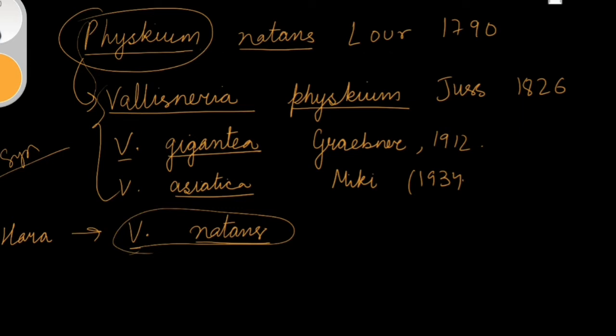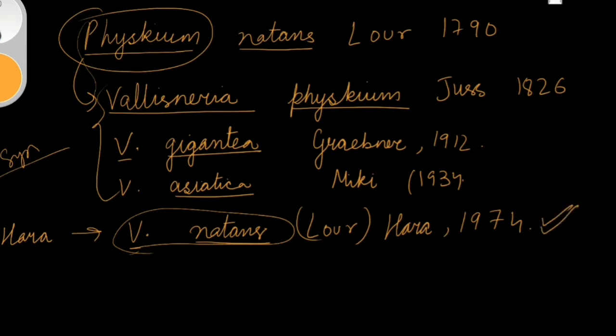Okay, so that is why the author citation can be written as Lour in parenthesis. Okay, because the specific epithet was maintained from Lour, and the one who gave this name, Hara, in 1974.